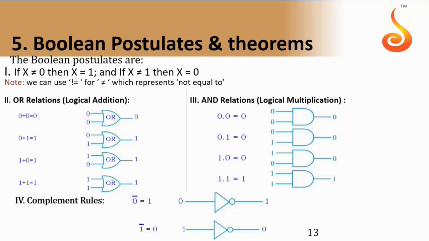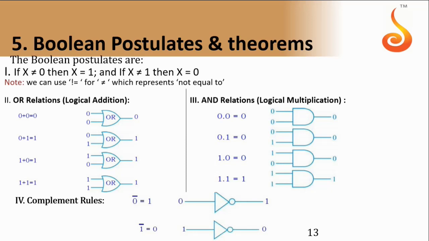Okay, what are the 3 basic logic functions? They are and, not, and or. So they are also basic gates, or, and, not gates. So the postulates of Boolean algebra originate from the 3 basic logic functions and, or, and not.